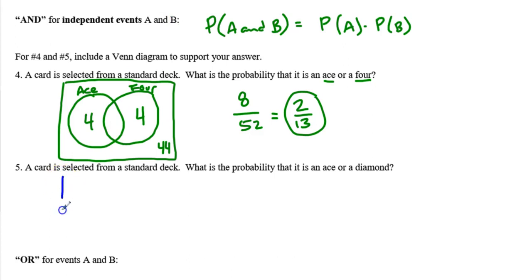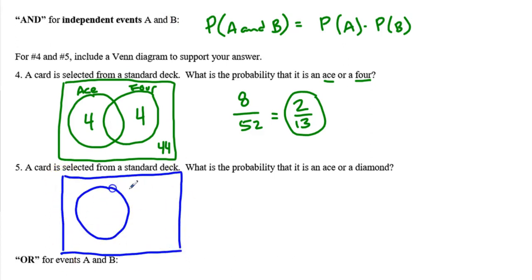Okay, again, you're going to set up your universe here. Slightly different here. We have to first count all the aces. Well, there's 4, but there's a little overlap because there is one ace that is also a diamond. So there's 3 aces that are not. And of the diamonds, we said there's 13 of each suit. So there's 1 that's an ace and 12 that are not.